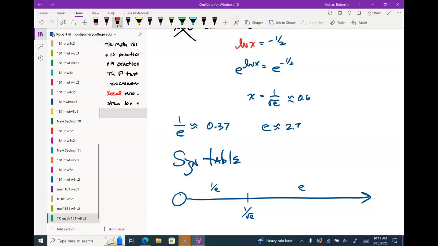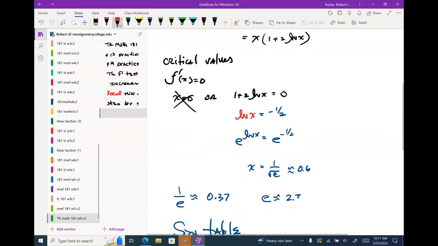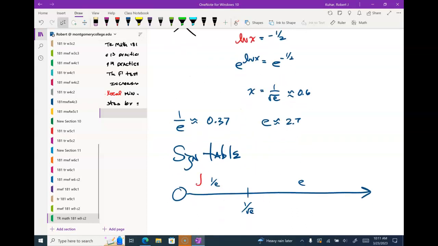Now, I don't feel like plugging these in. I will plug one in for you so you can see it, but I'd rather just cheat. I'd rather say, hey, look at the function. It's decreasing at first. So that means my first derivative, f prime of 1 over e, had better be negative. I am testing the first derivative, so I'm plugging my values into the first derivative.